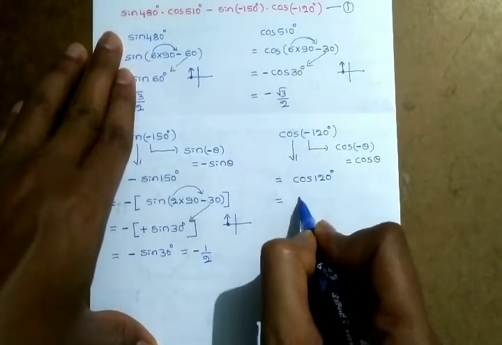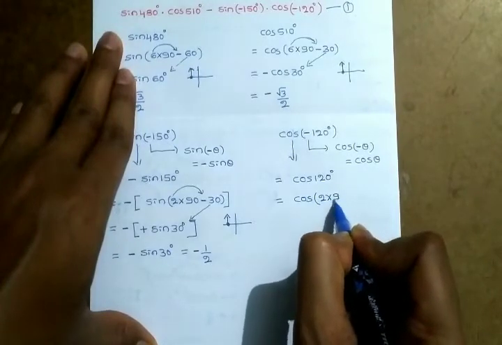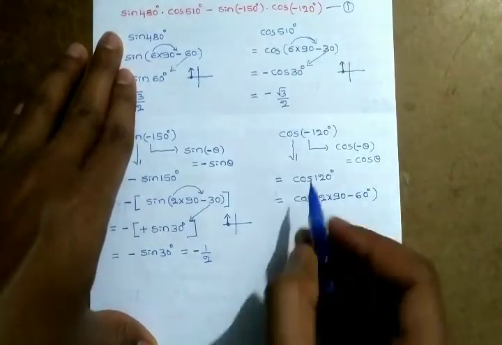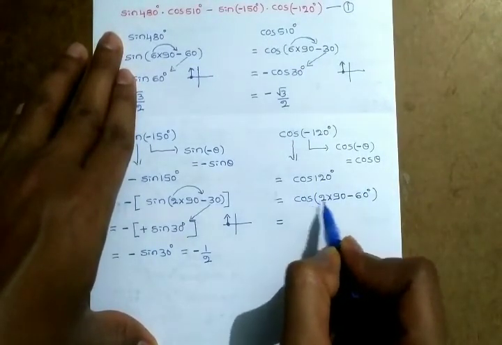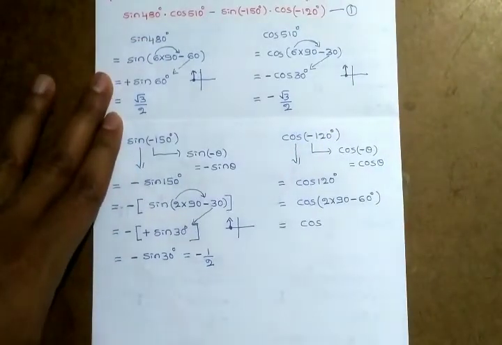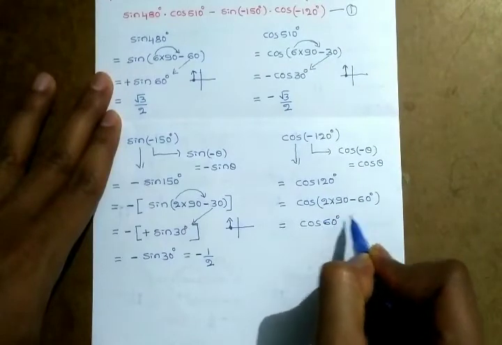So next again same, cos 120 can be written as 2 into 90, 180 minus 60 degree. So next, which is equals to even number, cos remains what here? Cos. So cos even number, again 60 degree, I am going to keep it as it is.